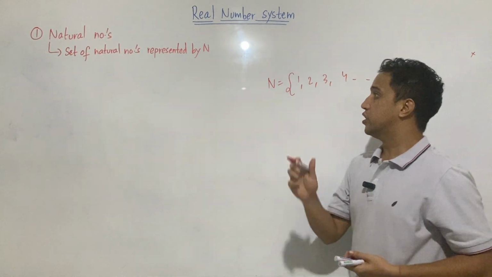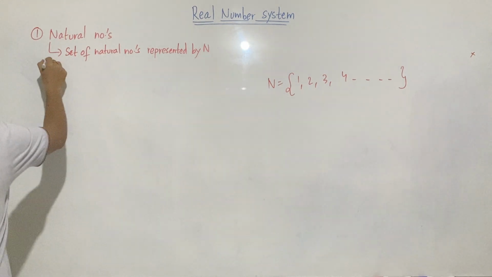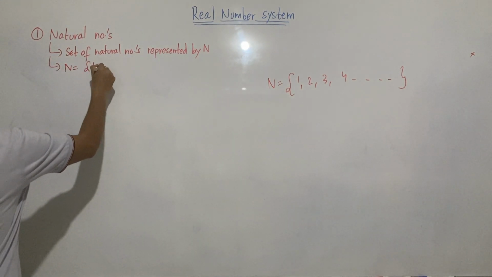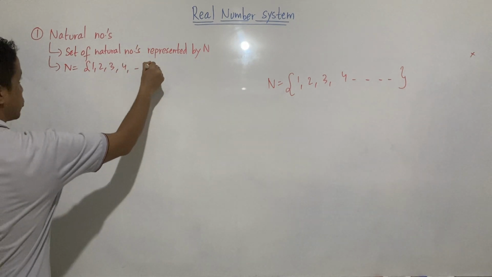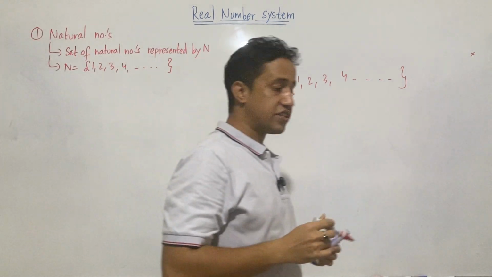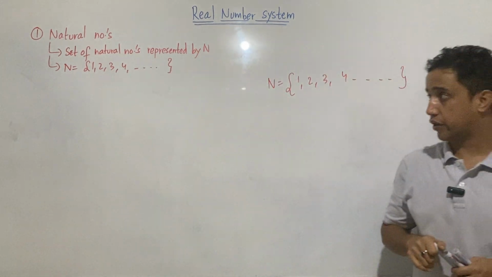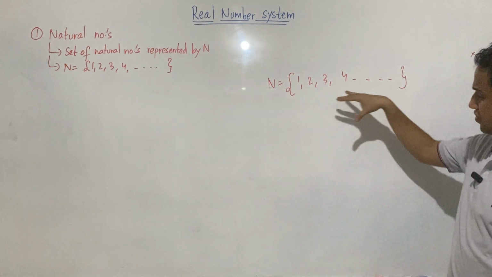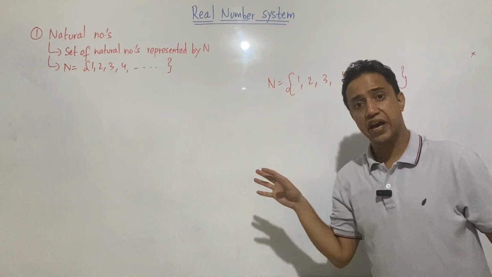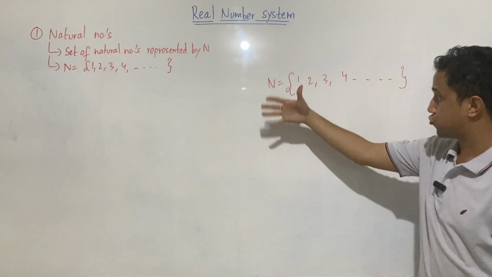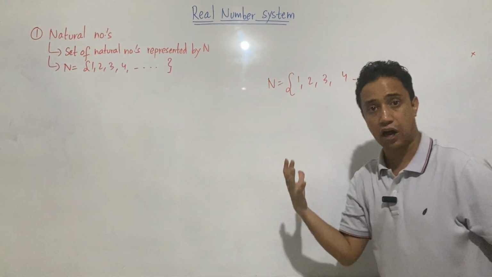So here I can represent natural numbers as 1, 2, 3, 4, and so on. This is defined as the set of natural numbers. Now, if you look at this set, I have said that it is a collection of all the counting numbers.